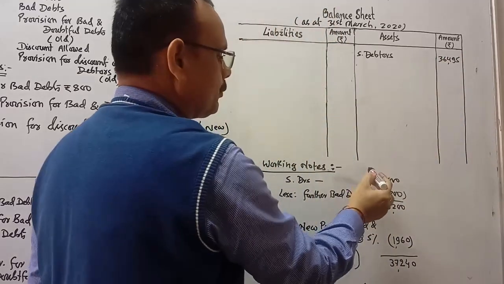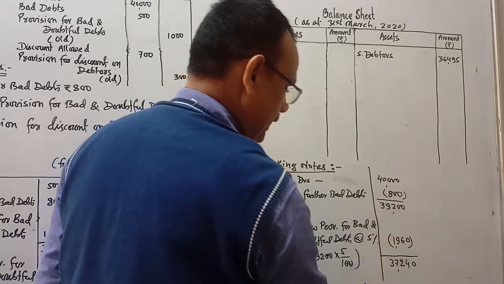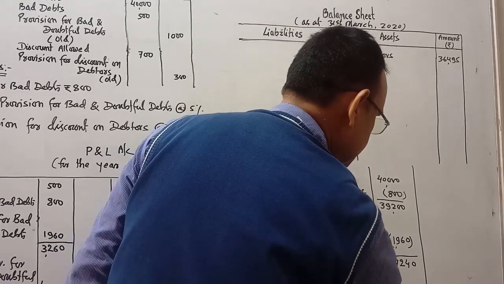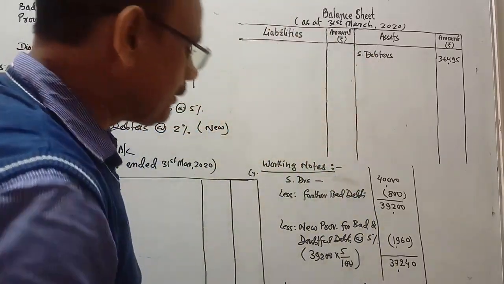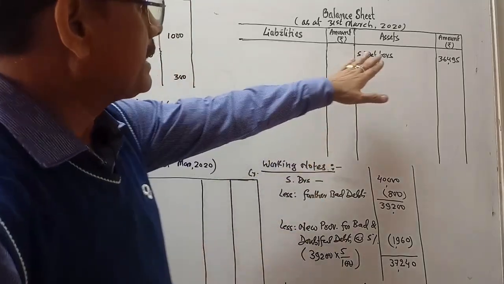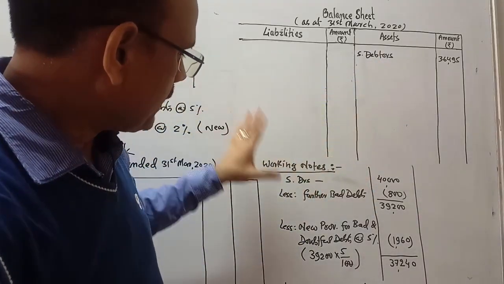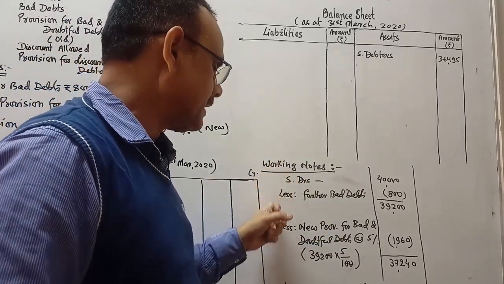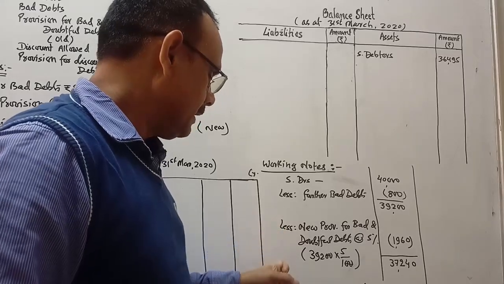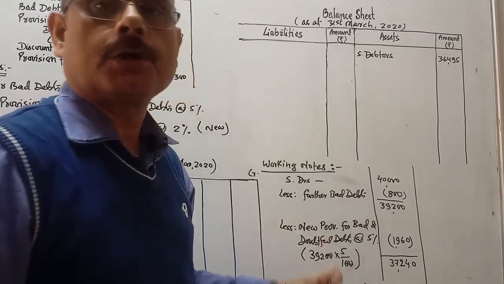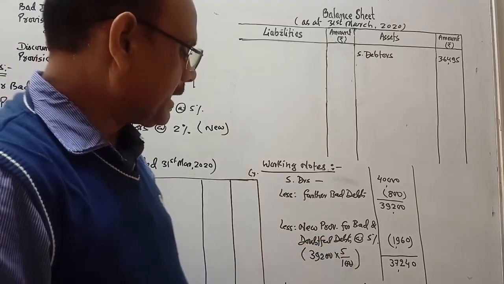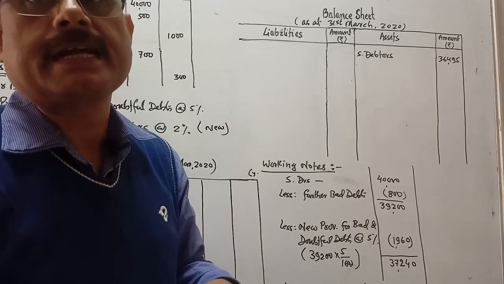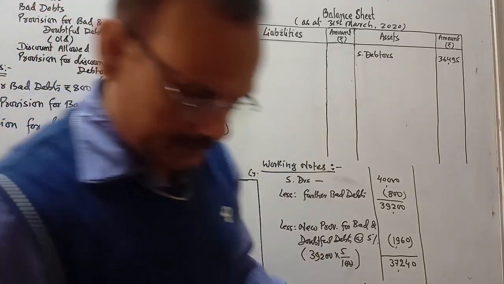We have done all the calculation in the working note. Debtors less further bad debts, less new provision for bad and doubtful debts, less new provision for discount on debtors. After deduction, the final figure will be reflected in the balance sheet asset side under the head sundry debtors.